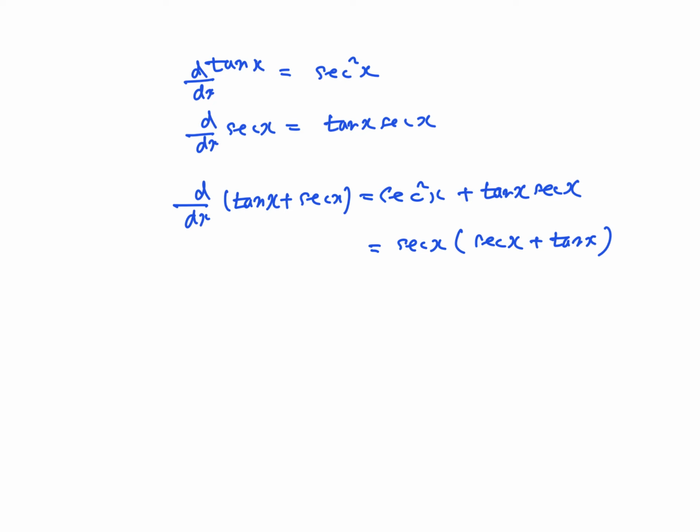One over secant x plus tangent x, times d/dx of tangent x plus secant x, is secant x.